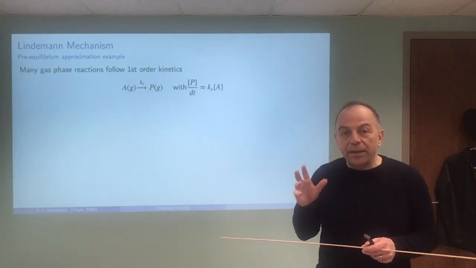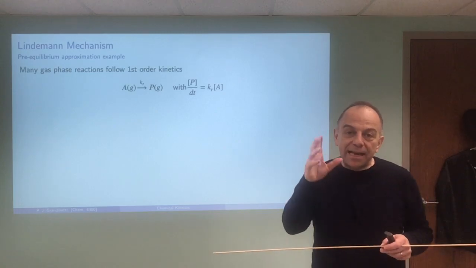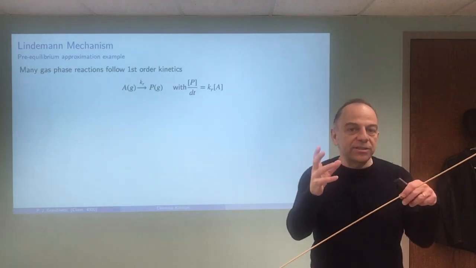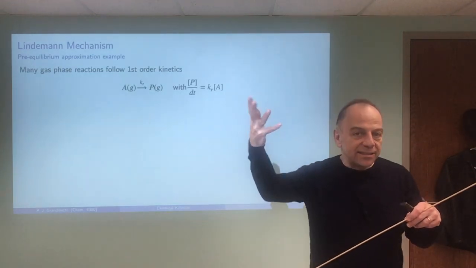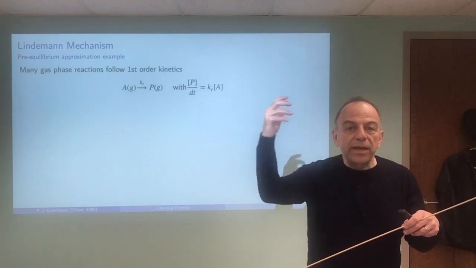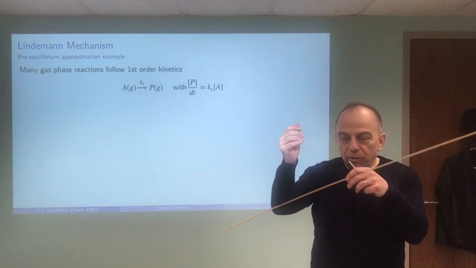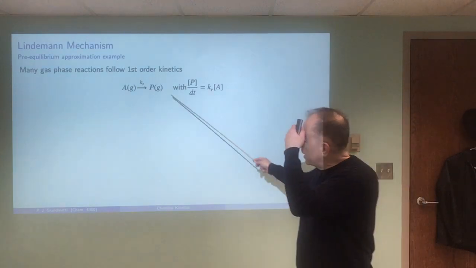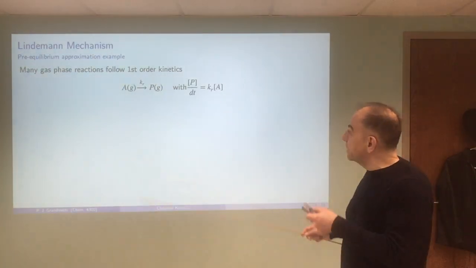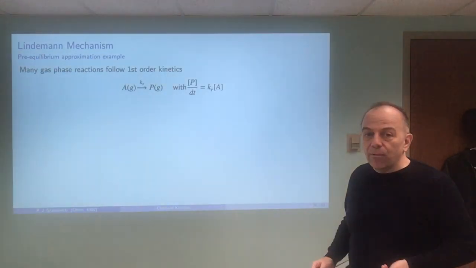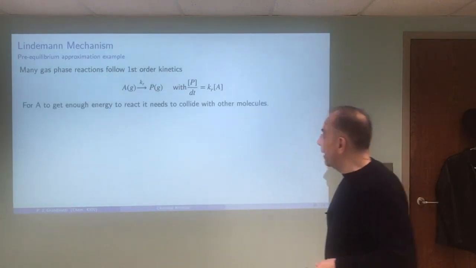What has to happen for this reaction to take place is that A has to collide with something and get into some kind of excited state. And then in the excited state, it will decompose into this product or react to form the product. And that's the mechanism that we have in the Lindemann mechanism.